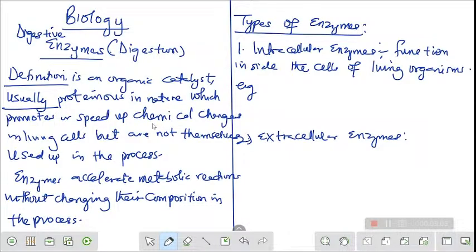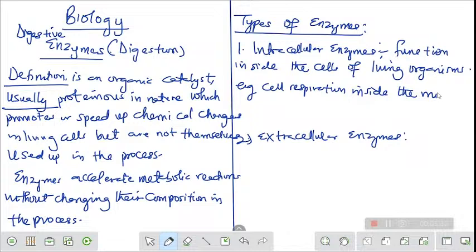Mitochondria is inside the cell of a body, so the enzymes inside it are called intracellular enzymes. For example, cell respiration inside the mitochondria. So take note of that.